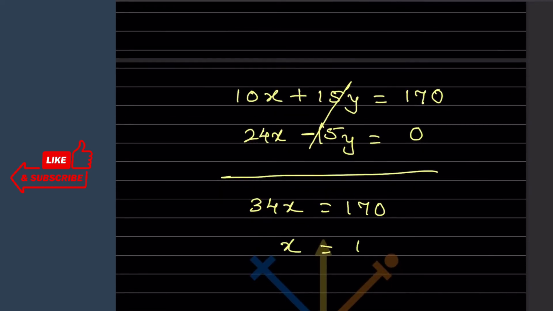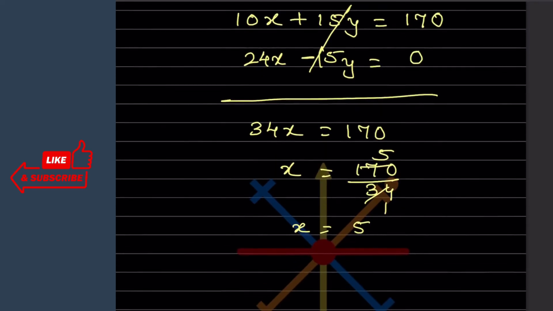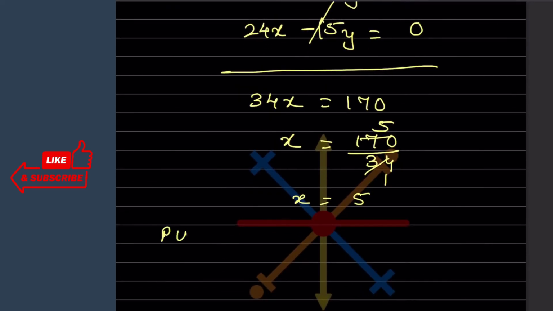So what will x be then? x is going to be 170 divided by 34. When you divide this, 34 times 5 is going to be 170. So x is 5. Now we'll put x is equal to 5 in any of the equations.